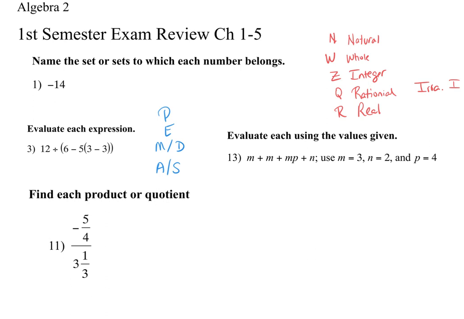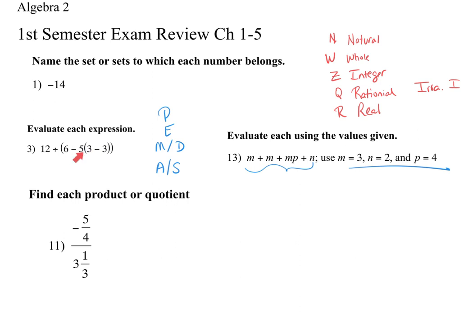Order of operations. So whether I give you the numbers, like on number 3, 12 divided by parentheses 6 minus 5, parentheses 3 minus 3, or whether I give you variables and tell you what those variables are, here you're just going to plug those in and then do order of operations. Those are both simply order of operations. Remember, when you have multiple sets of parentheses, do the innermost first. So we would do the 3 minus 3, which actually is 0.